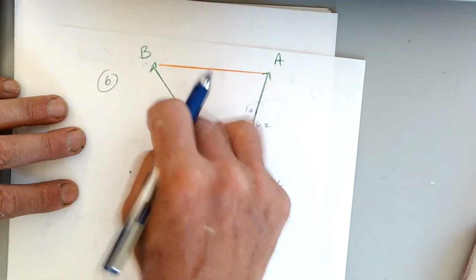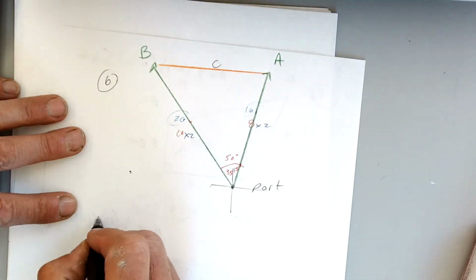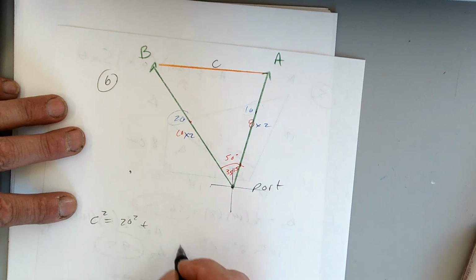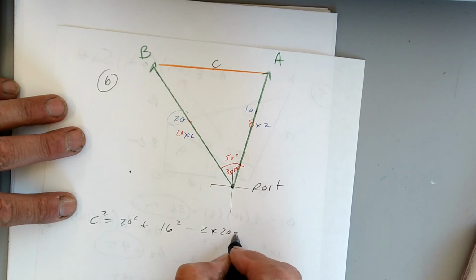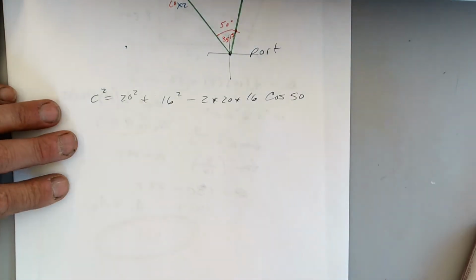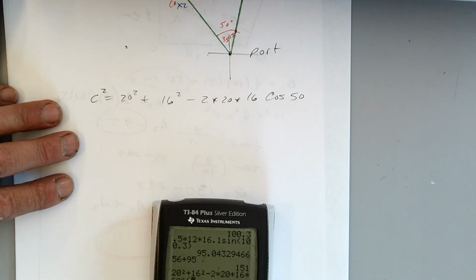So I've got my side angle side. I'm going to find this length. c squared is equal to 20 squared plus 16 squared minus 2 times 20 times 16 times the cosine of 50.